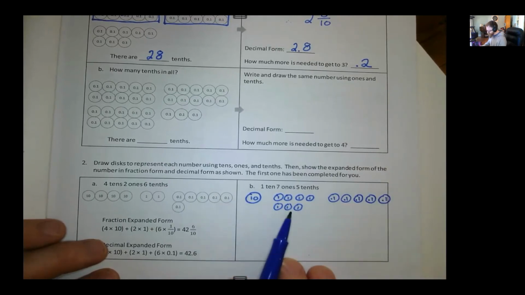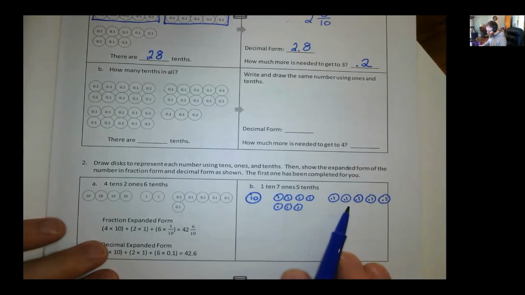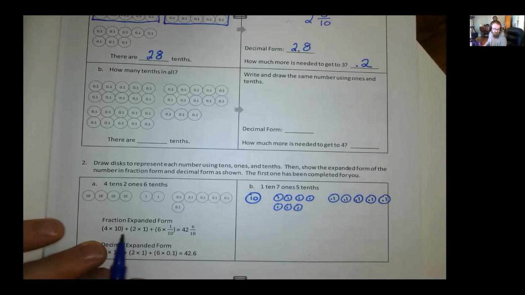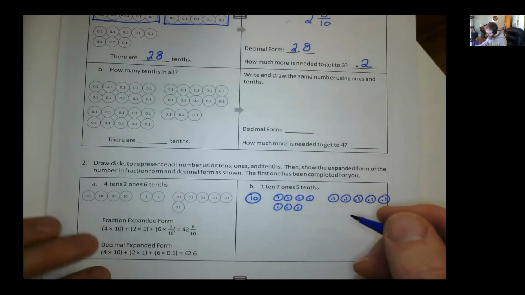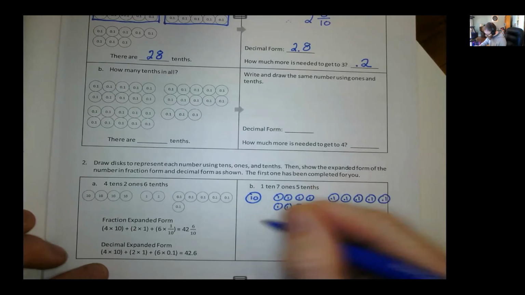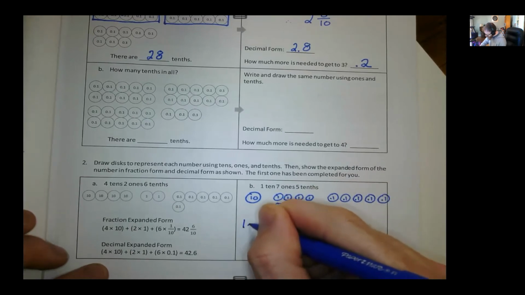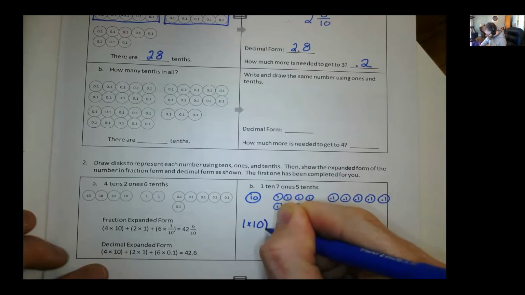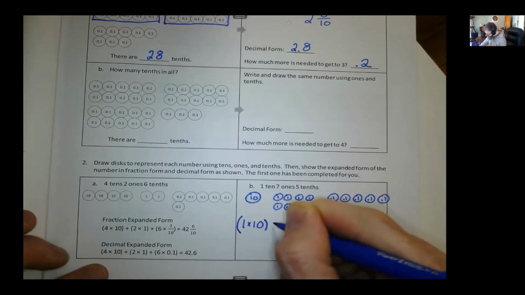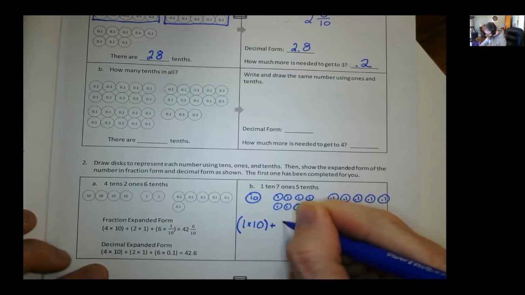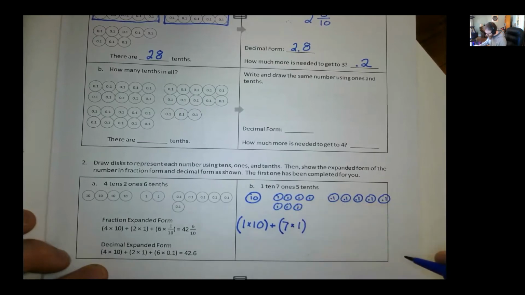One 10, 7 ones, and 5 tenths. To write it in expanded form is simply to use multiplication instead of a picture to explain how many of each value we have. So in fraction expanded form, we're going to write 1 times 10 because we have 1 10 plus 7 times 1 because we have 7 ones.